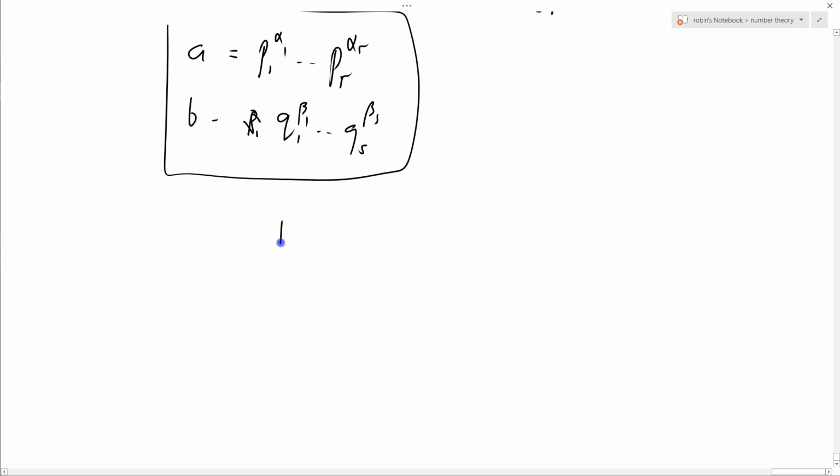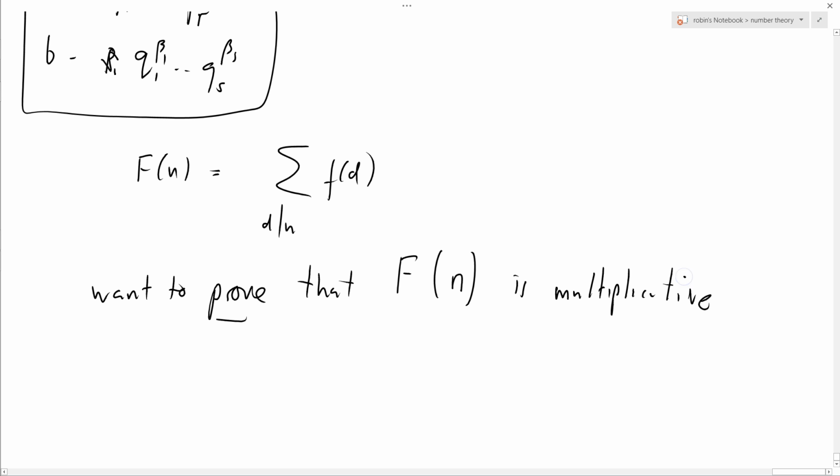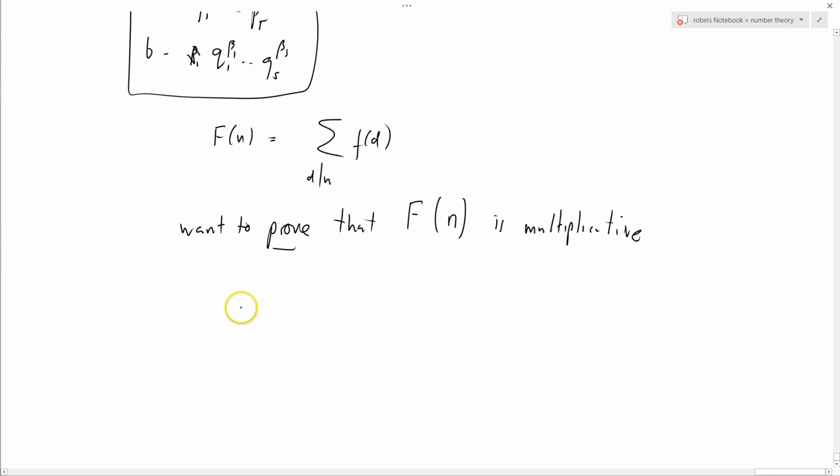So what am I trying to do? I've got capital F of n equals the sum over d divides n of little f of d, and I want to prove that F of n is multiplicative. What I want you to observe while I'm talking is that, to prove that it's multiplicative, let's just write out the definition of multiplicative.